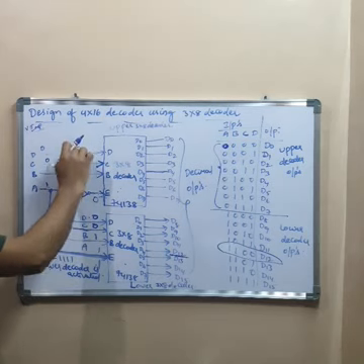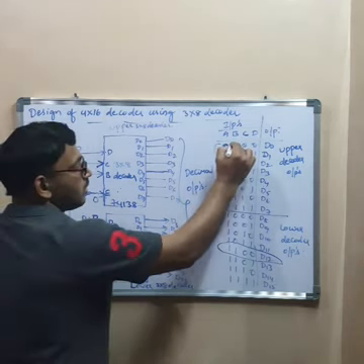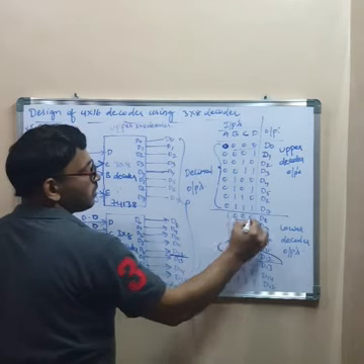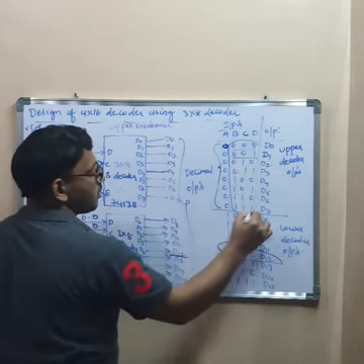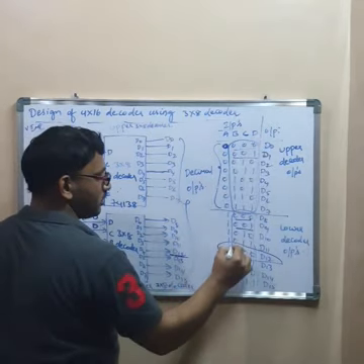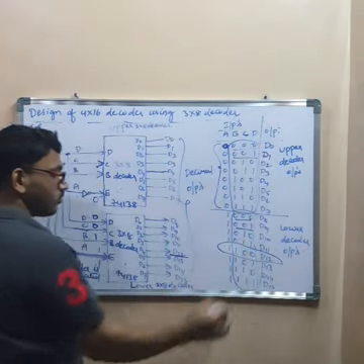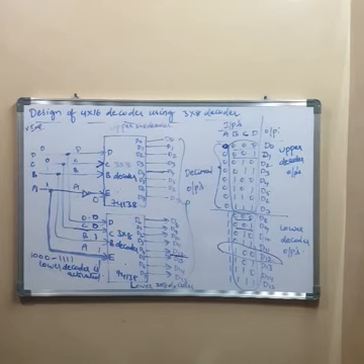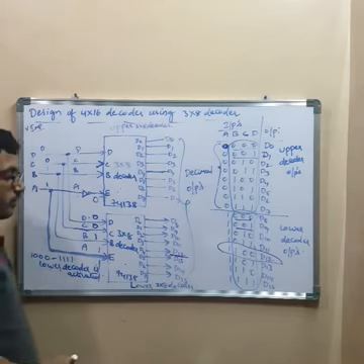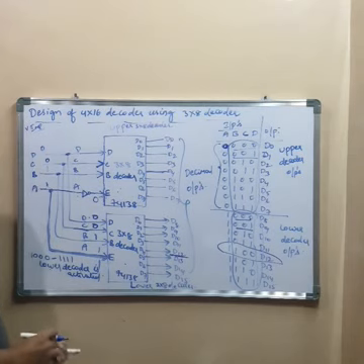And based on BCD, if you look at BCD, 0, 0, 0 to 1, 1, 1, these combination repeats. So based on this technique, we have designed the 4 into 16 decoder using 3 into 8 decoders. Is this clear? Any questions?